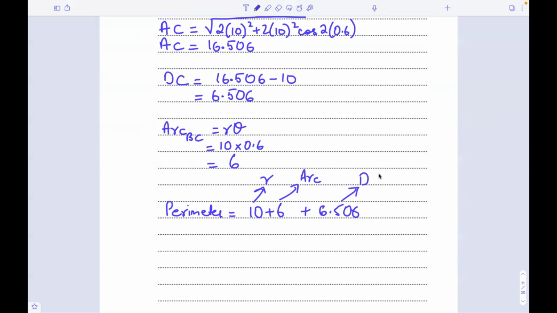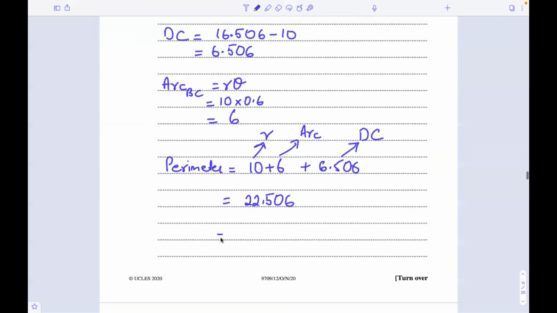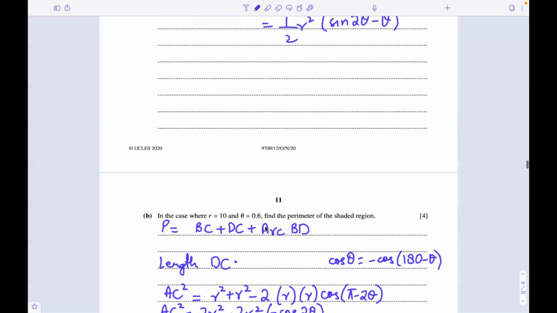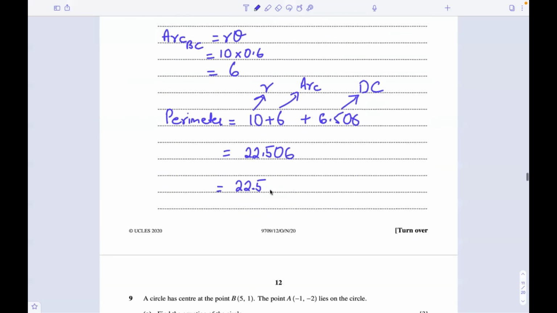So the perimeter would come out to be equal to 22.506. And as we have to give our answer in three significant figures, the final answer would be 22.5. So it will be 22.5 centimeters as our unit is in centimeters.